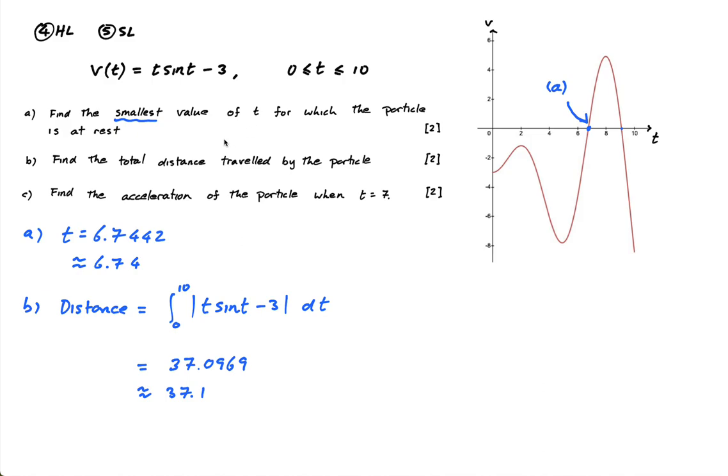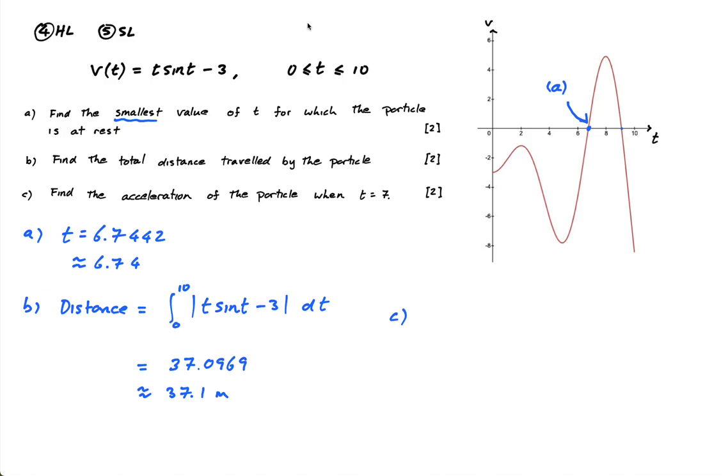What are we dealing with? I'm guessing it's meters, is it? So 37.1 meters. Okay, part C. Find the acceleration of the particle when t equals 7, right? So if this is the velocity, how do I get acceleration? Well, I differentiate.